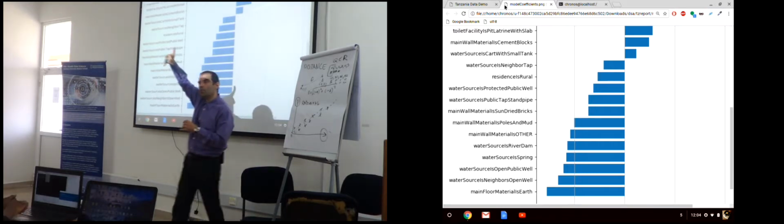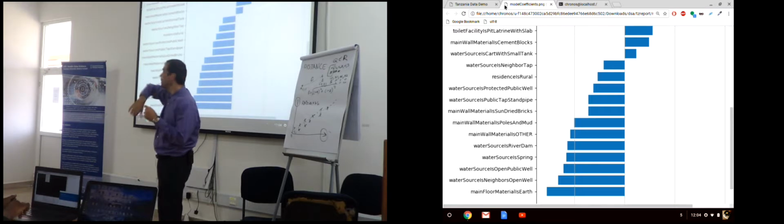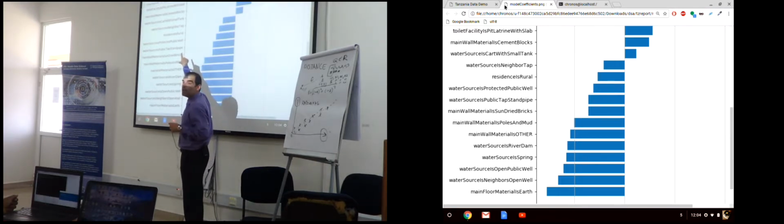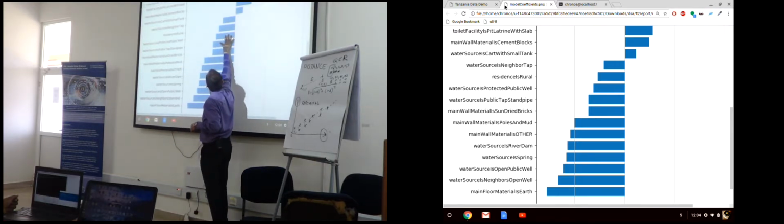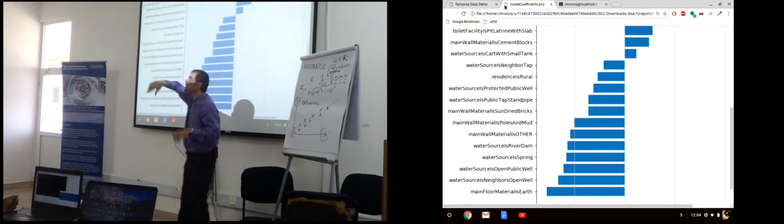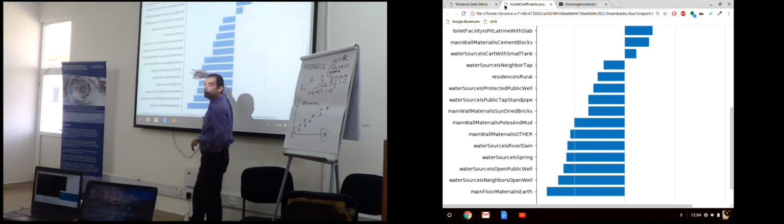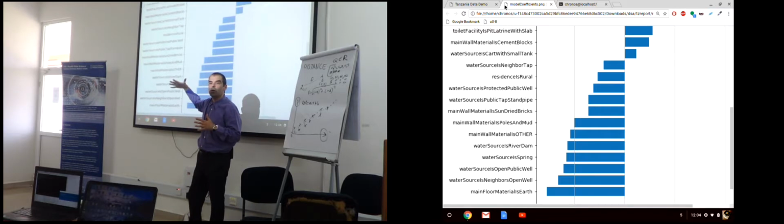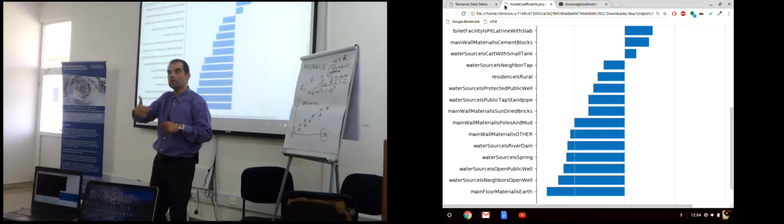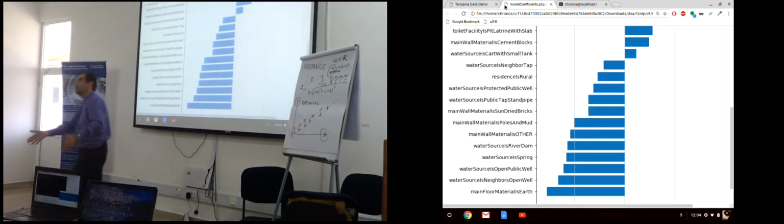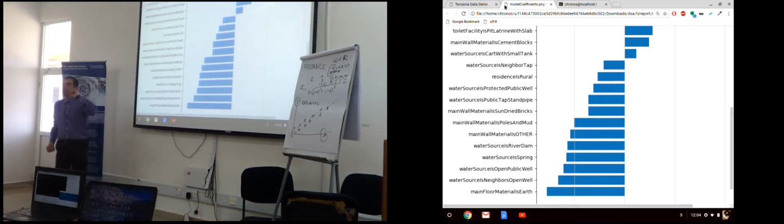To work out the wealth index, you do the weighted sum of the observations. Is the residence rural? Yes. This amount times 1, plus this times that, plus this times that, and so on, plus the intercept, you get the wealth index score. So this is how I can work backwards.